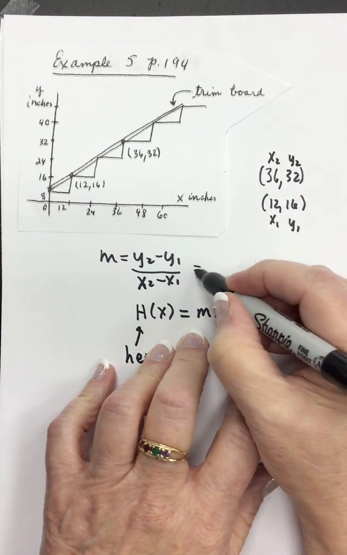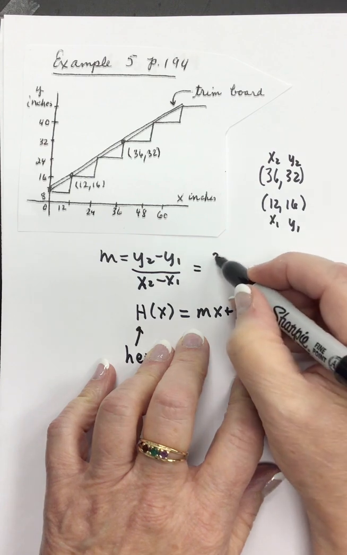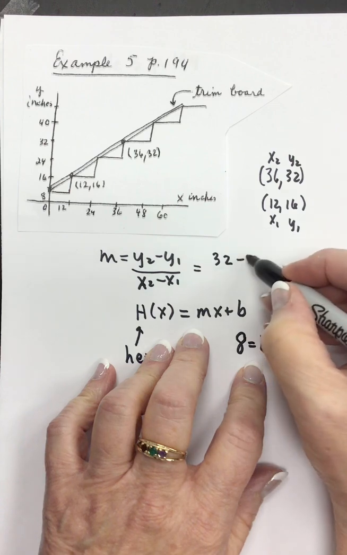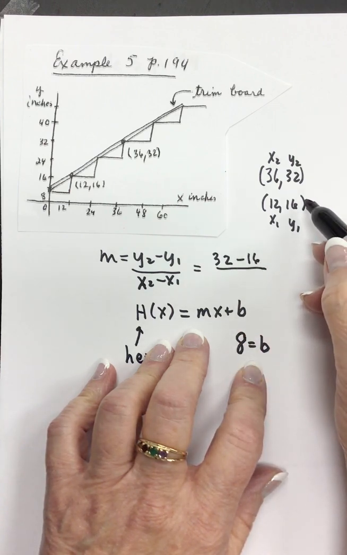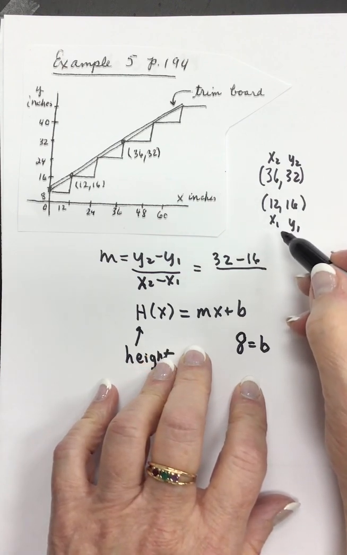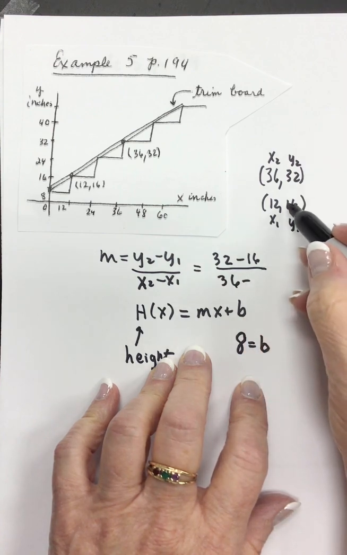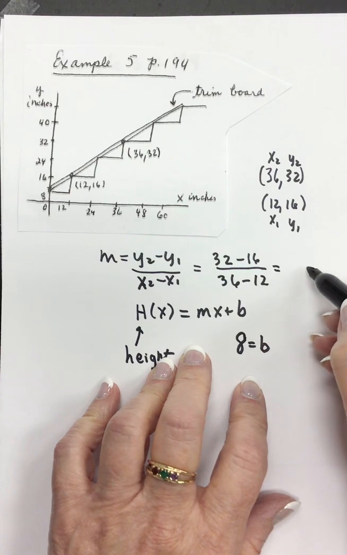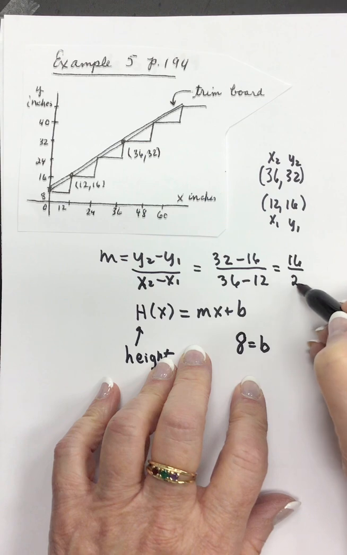So y sub 2 minus y sub 1 is going to give me 32 minus 16. And then the other side is going to be x sub 2, which is 36, minus x sub 1, which is 12. So we subtract those, and we end up with 16 over 24.